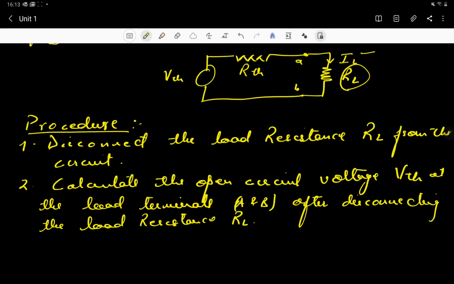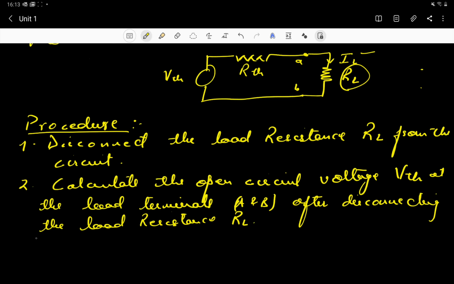Okay, so when you will remove this load resistance RL from the circuit, across those two terminals, you will calculate the voltage. Okay, across those two terminals. Okay, this is the second step.